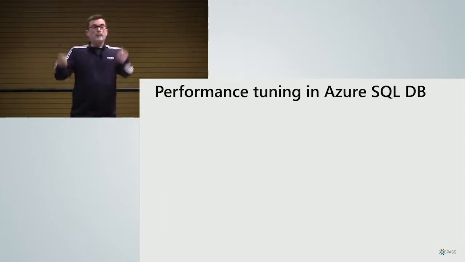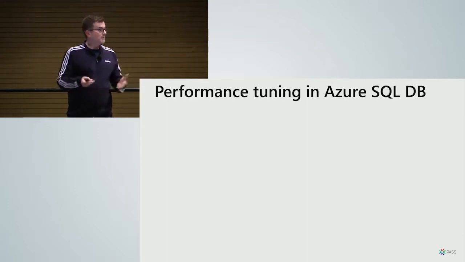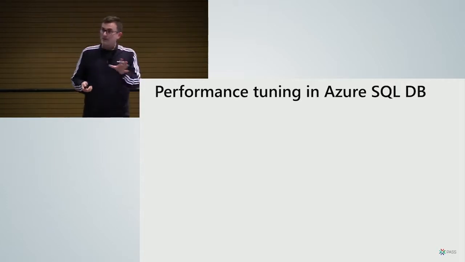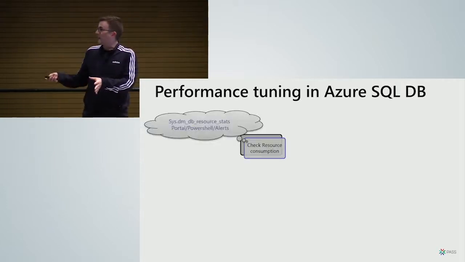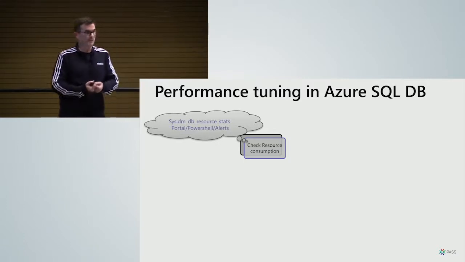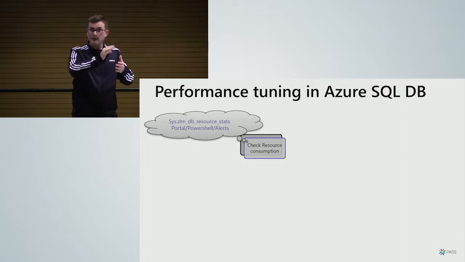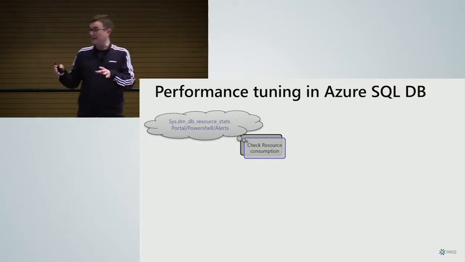Now, I have a performance issue. Somebody calls me up at 2 a.m. in the morning, and they say, okay, something's running slowly, and you're in Azure SQL Database. Very similar to your SQL Server experience. Where do you start, though? Okay, so if you don't want to use dynamic management views, you can go to the portal. You can see the utilization by data I/O, log I/O, CPU, right front and center.